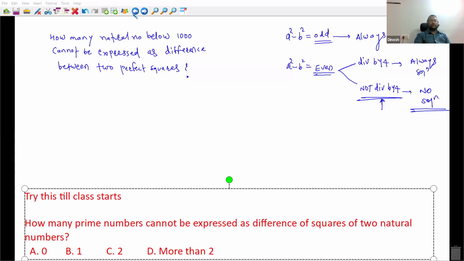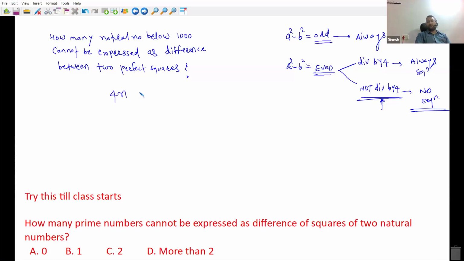Yes, Aman. So how are you going to count? Let's count. 4n minus 2. Correct. So an even number but not a multiple of 4. Multiple of 4 plus minus 2. Plus 2 will also work, minus 2 will also work, depending on how you solve.